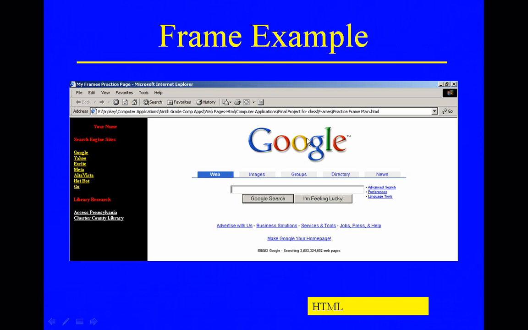Looking something like that, this was our search engine sites. This is our index file in the first frame. We could click on each one of these sites and it would take us to target equals frame 2, and the page would appear in the second frame.